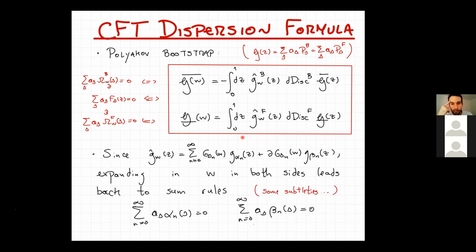And furthermore, since the master functional kernels are just superpositions of the alpha n and beta n kernels, you can also show that starting from the dispersion relation and expanding in W, and demanding that the equation holds term by term, this reproduces precisely the functional sum rules that we already knew.